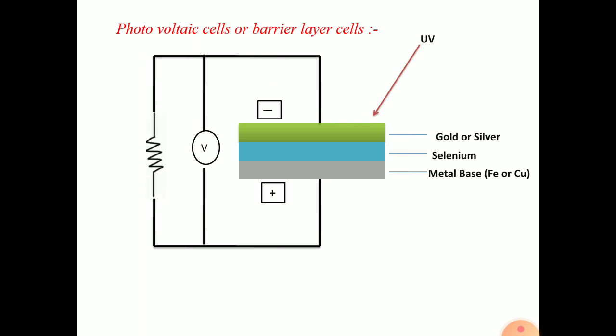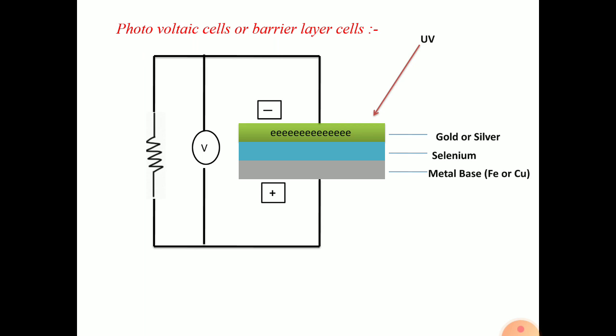The produced electrons try to move towards the selenium and metal barrier layer. They will try to cross the selenium and metal barrier.